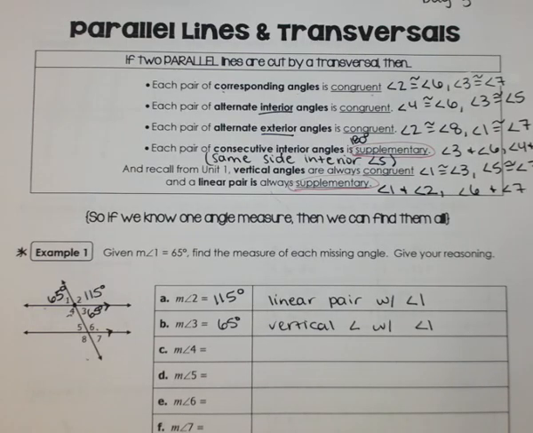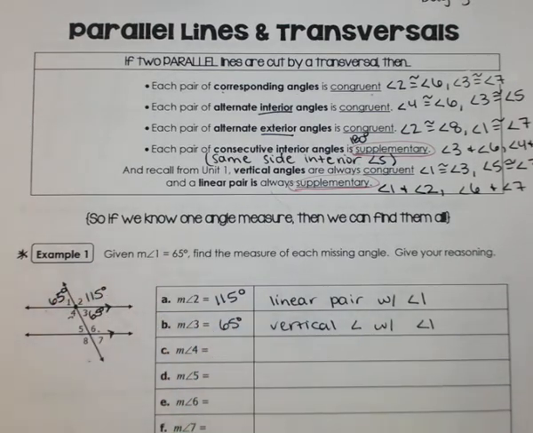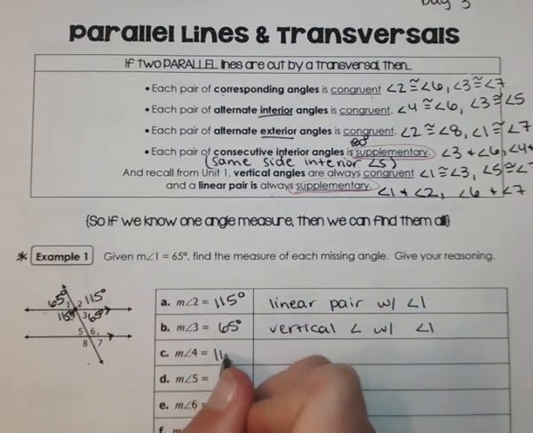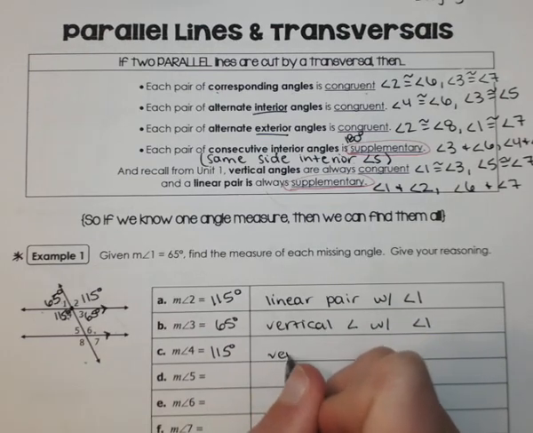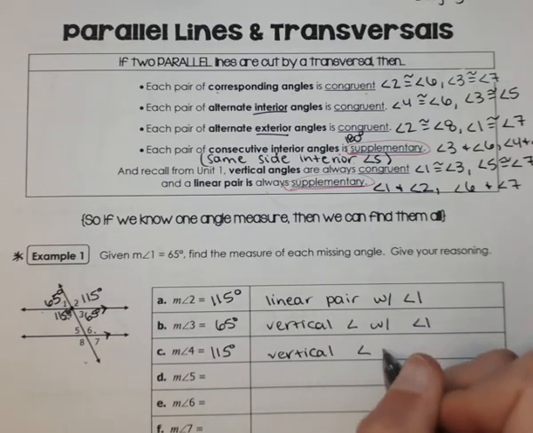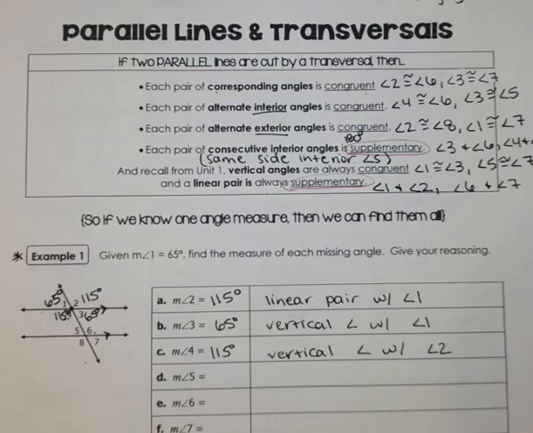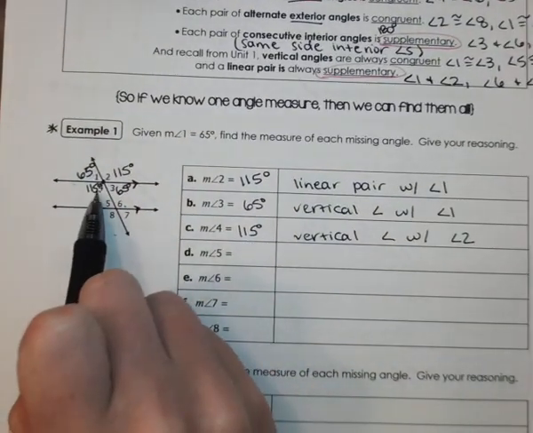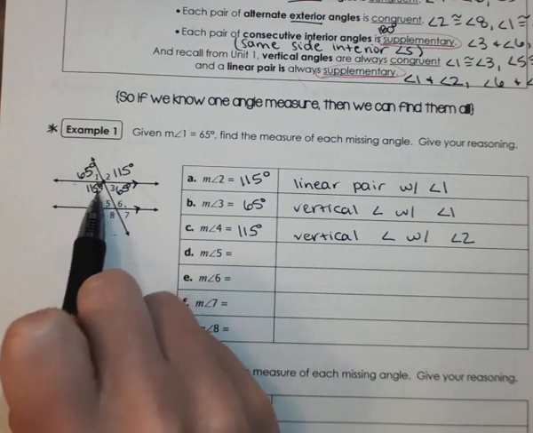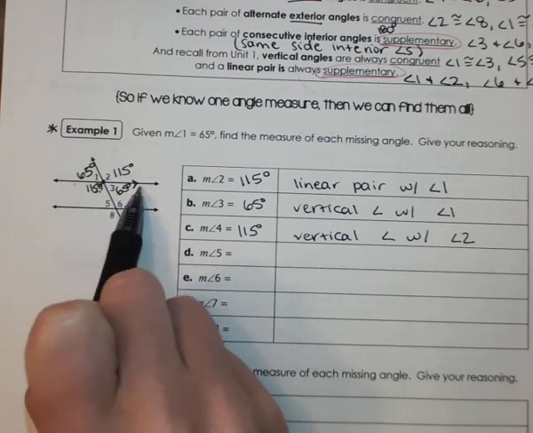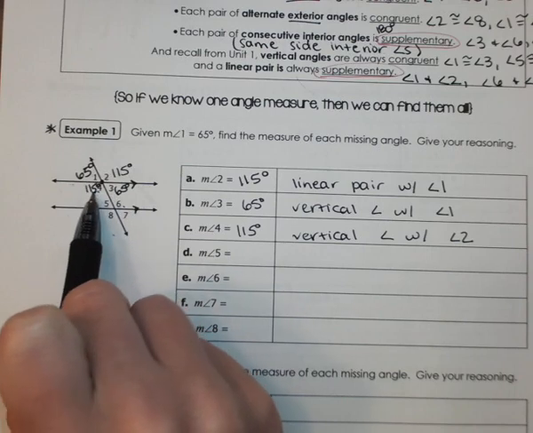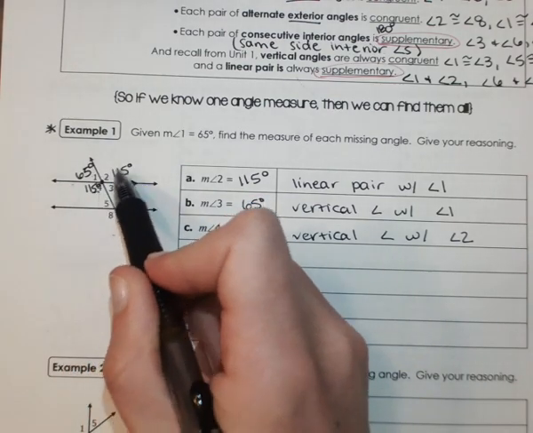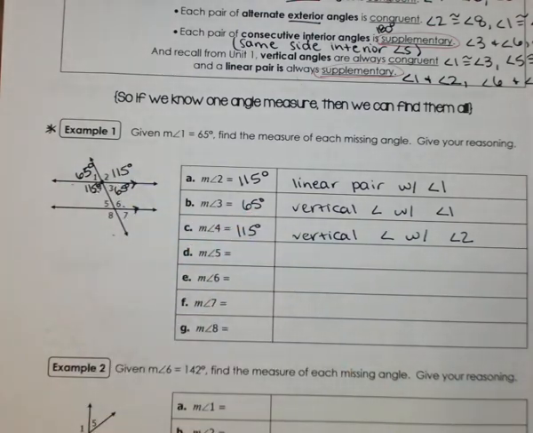Number 4 is going to be 115 degrees, and that's going to be a vertical angle with angle 2. Now your reasoning could be different. You might have put that angle 4 is 115 because it's a linear pair with angle 3. And then you would have said 180 minus 65 gives me 115. These are linear pairs. These two, angle 2 and angle 4, are vertical angles.